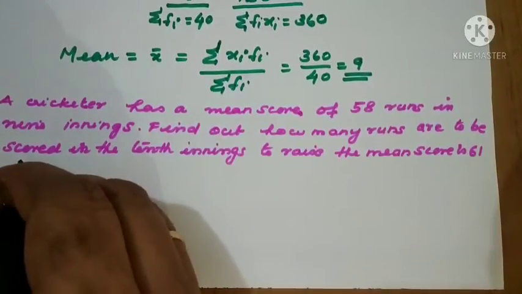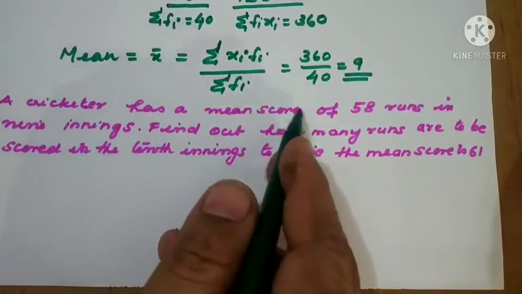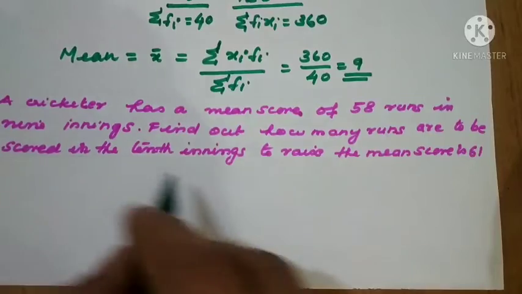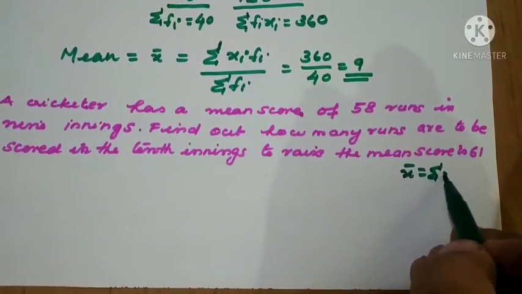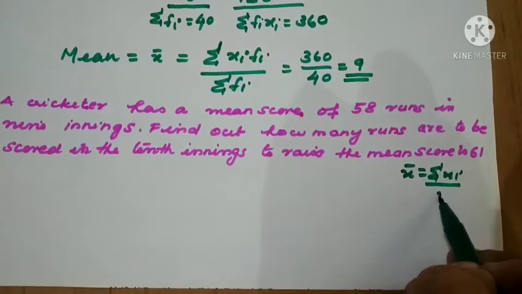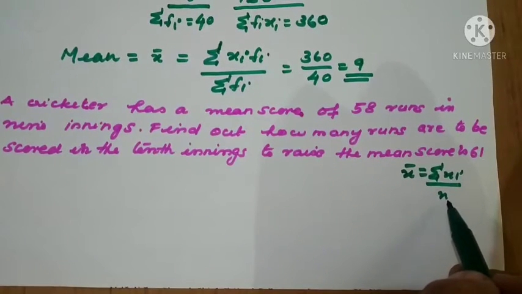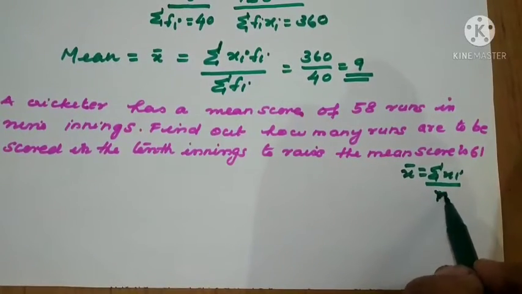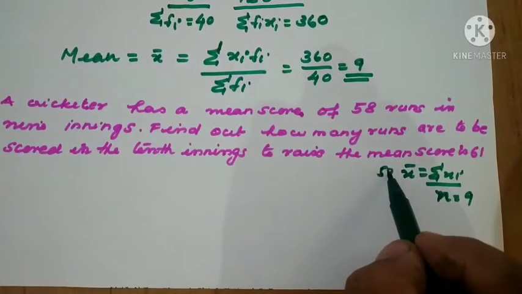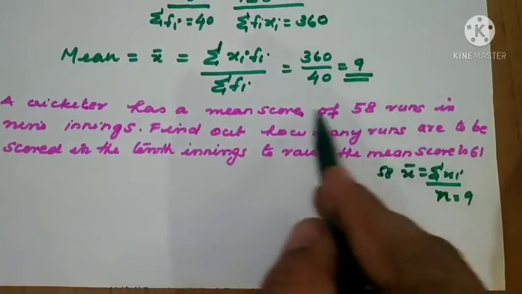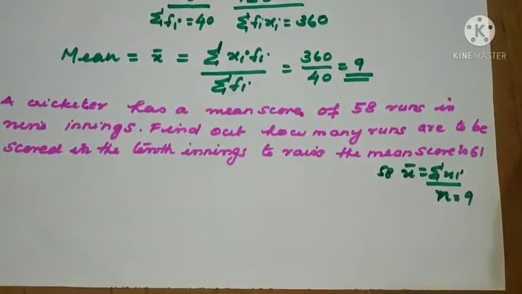So what should we do? From the 9 innings we can find out the total score, because x bar equal to sigma xi divided by n, that means sum of the observations by n. So when we multiply 9 with the mean, that is 58, we will get the total score from the 9 innings, right?